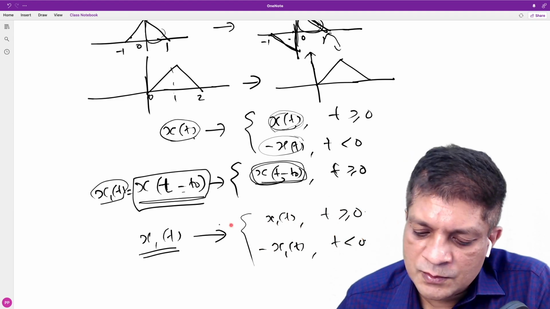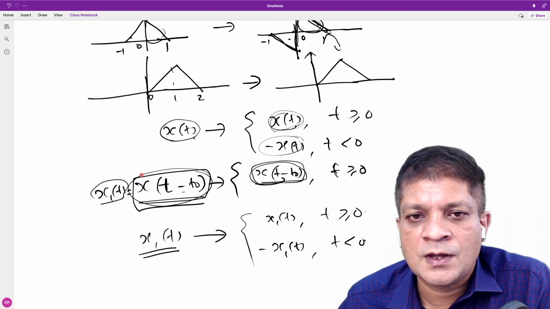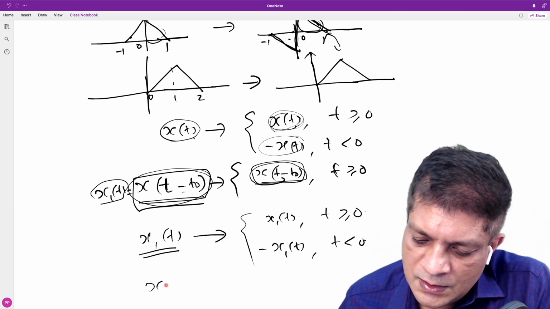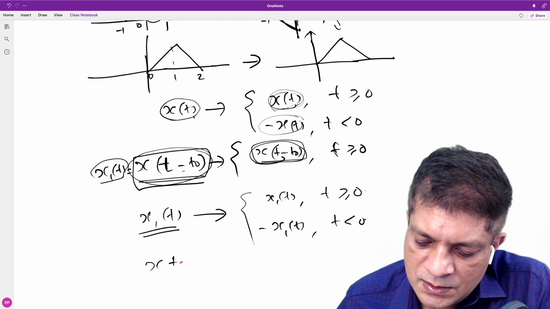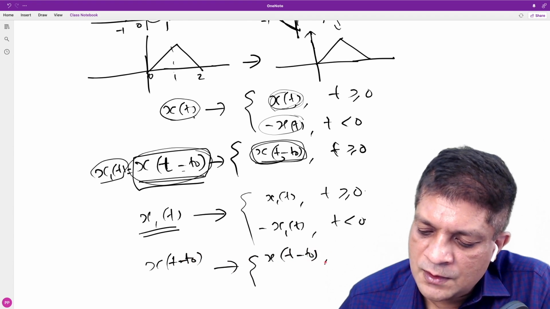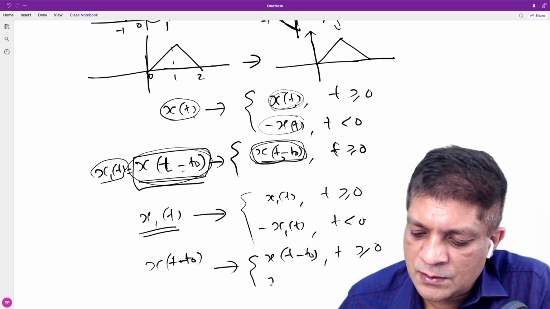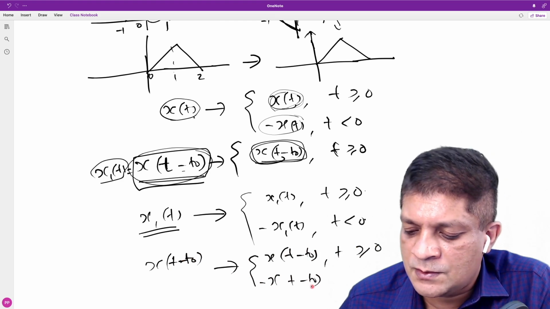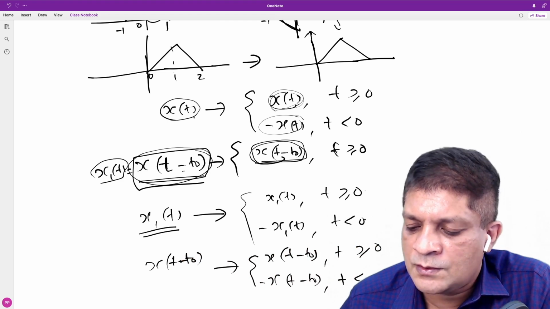Yes. Now you simply replace with this x(t - t0). Can we say that if x(t - t0) is the input, the output is x(t - t0) for t greater than or equal to 0 and minus x(t - t0) for t less than 0?